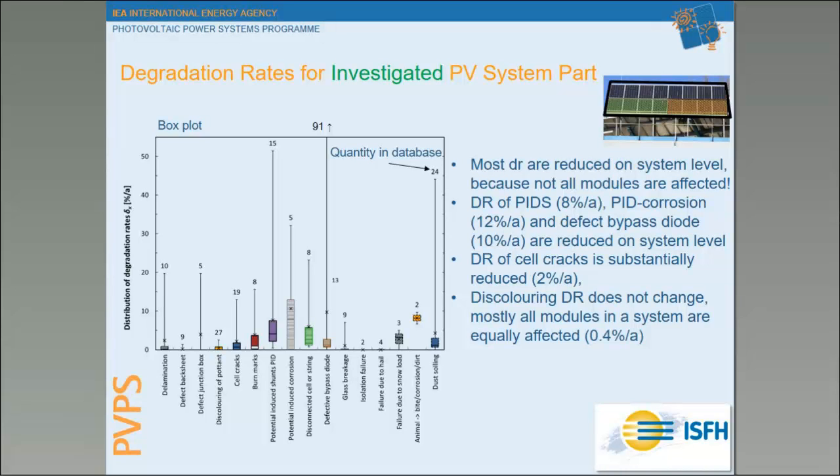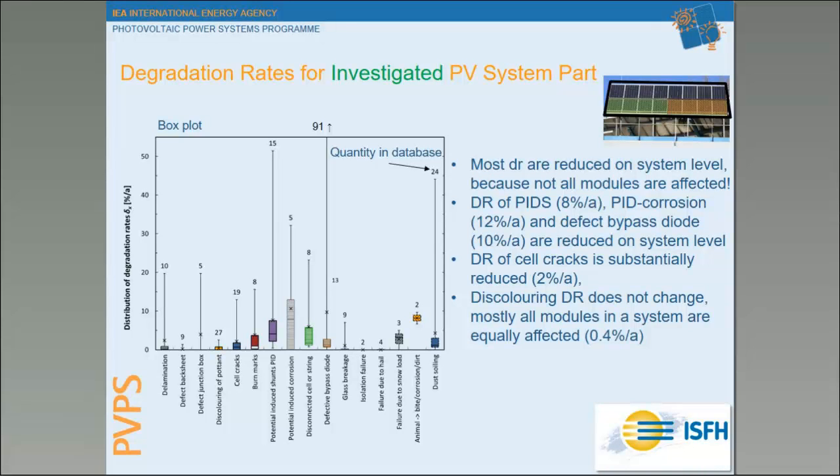From the figures we have seen before, you can learn that most degradation rates are reduced if we calculate them on the system level, because not all modules have been affected. That is very clear. Again, PID with respect to shunting, the mean value is 8%, as you can see from the diagram, but with a high variation.